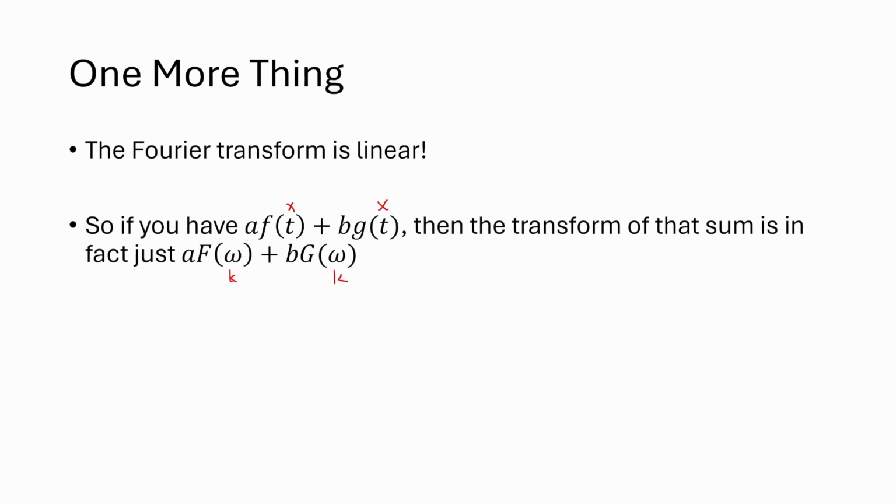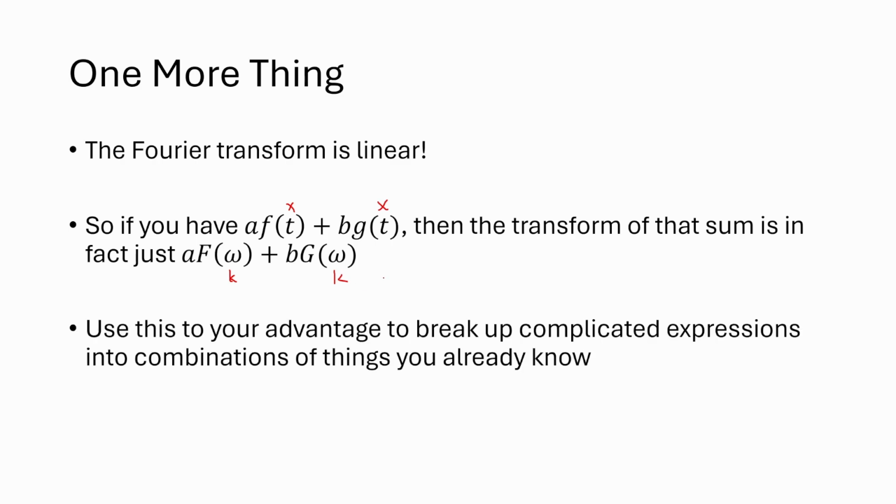The Fourier transform of the sum of two things is the sum of their individual transforms. So if you have a more complicated problem, but you can break it up into a sum of smaller problems, then you can do those individual problems and add together your answers at the end. So that's really nice.